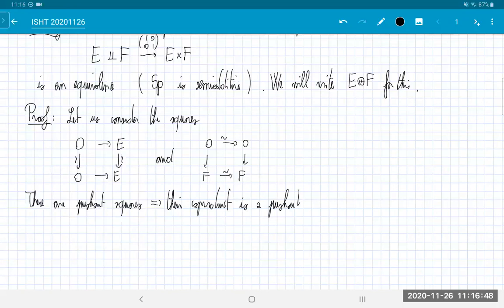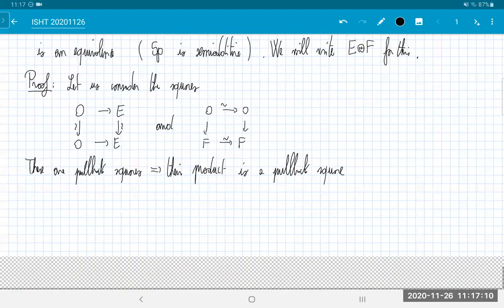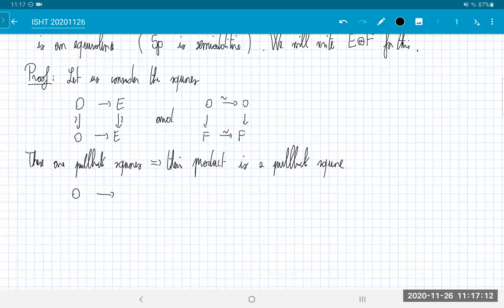Oh, am I doing the wrong direction? No, sorry, these are pullback squares. And so their product, I'm doing the wrong direction. The product is a pullback square. So here we have 0 goes to E, goes to F, to E times F, and that's a pullback square.